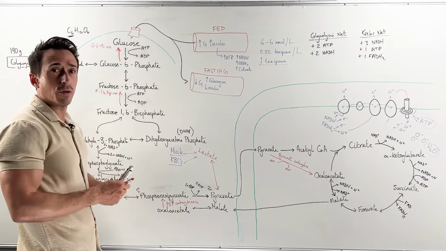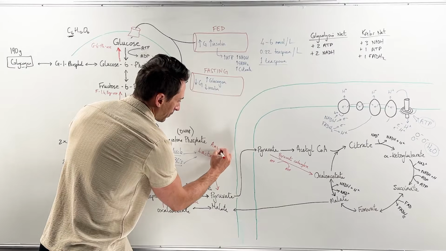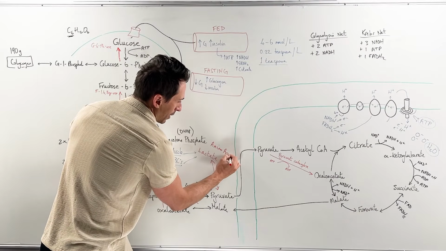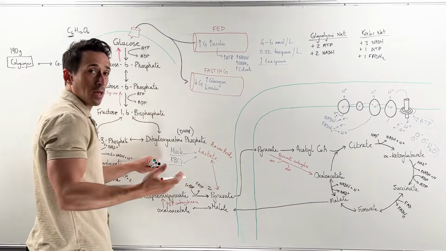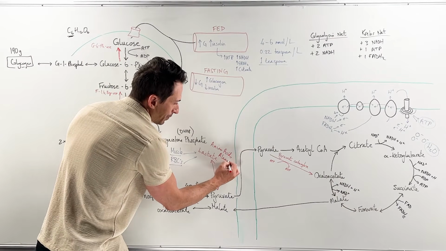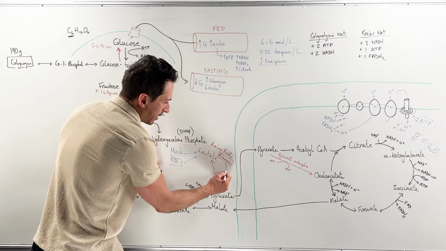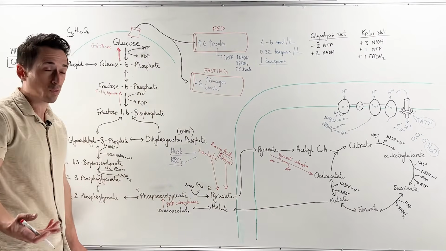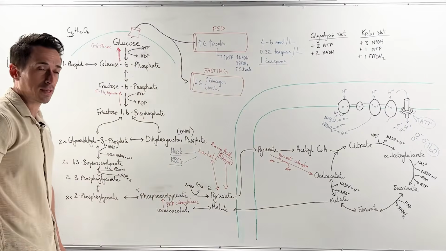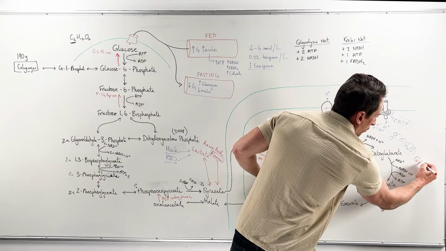You can also use amino acids as well. And amino acids come from proteins and muscle, and one important amino acid is alanine. It's probably the most utilized amino acid for gluconeogenesis, and it again jumps to pyruvate, which we've spoken about. But there's other amino acids that can jump in, like glutamate, for example.